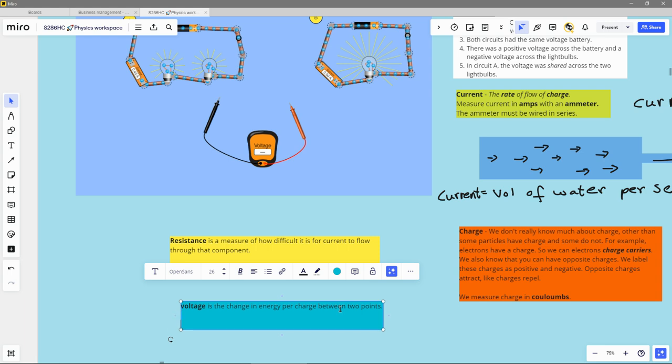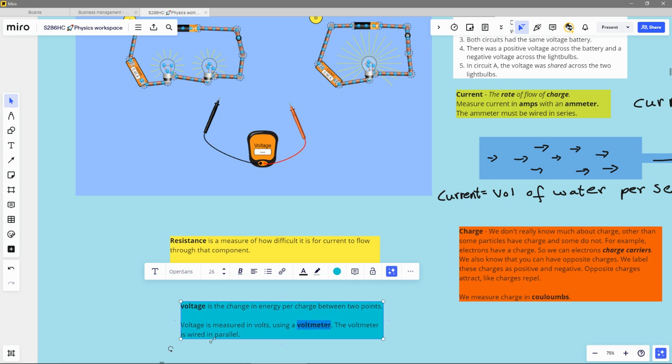So voltage is measured in volts using a voltmeter, and the voltmeter is wired in parallel. That just means it's not in the circuit like the ammeter is, but is connected with one wire before and one wire after whatever it is that you're measuring.